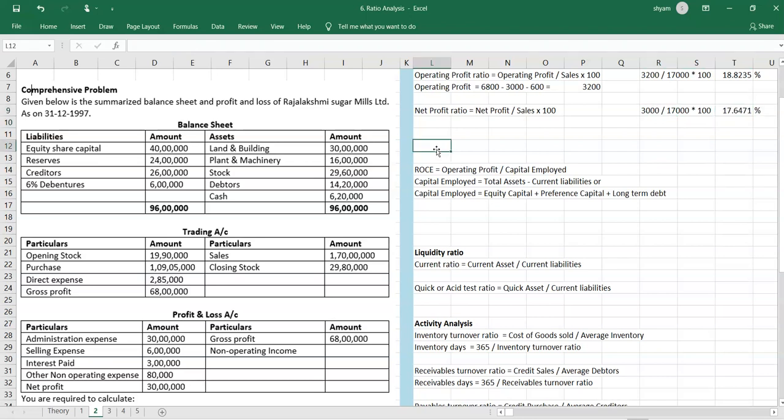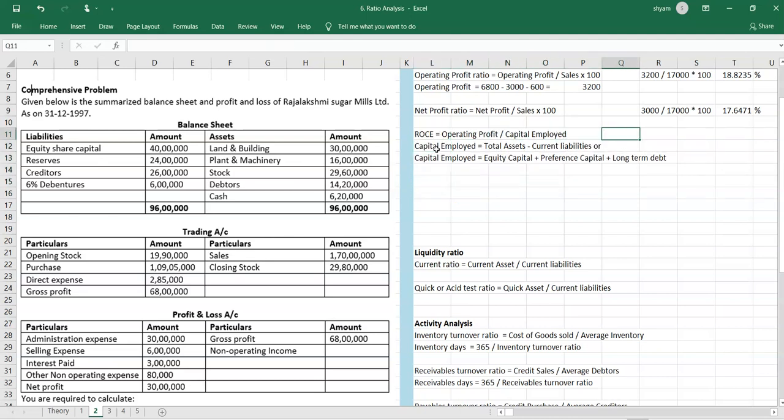Let's go for ROCE. In ROCE, we know the operating profit is 3,200 divided by capital employed. That alone we have to find out. For capital employed we have two formulas, so we can use whichever formula we want.